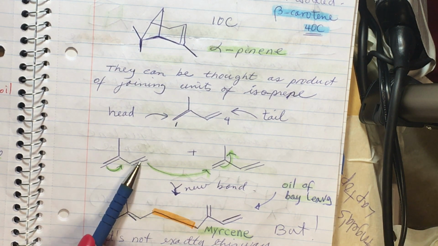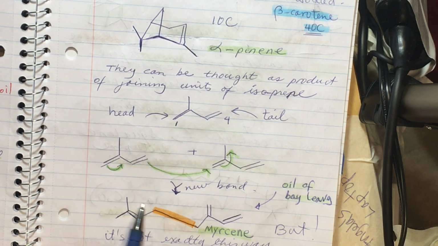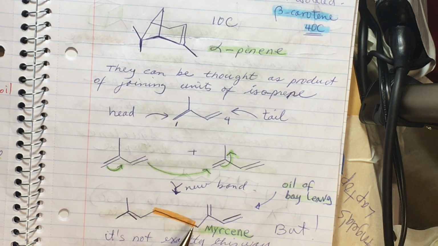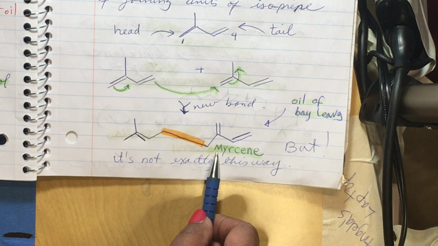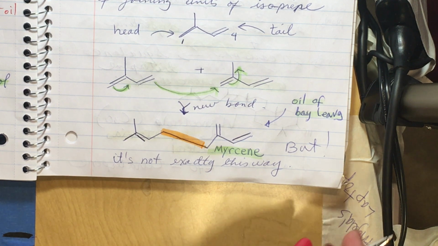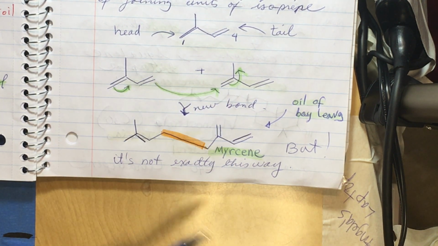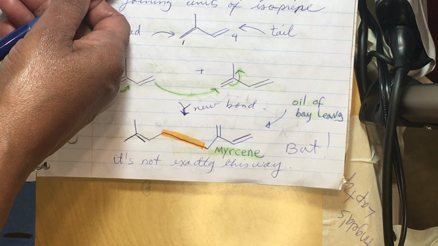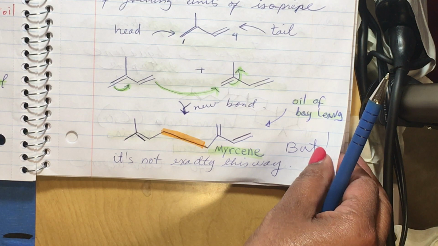If we combine this head and tail, we create a single bond that will be found in bay leaves. It's called myrcene. This is found in oil of bay leaves. But the same 2 units can also combine to form a cyclic structure. Let me show you on the next page how that looks.